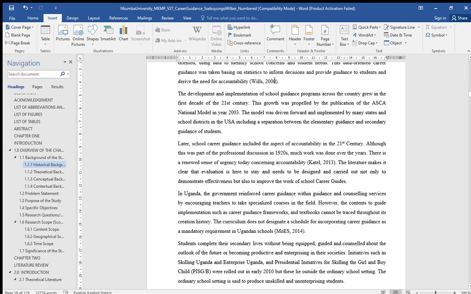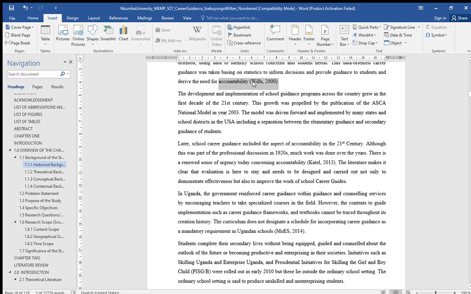What you cite in text is written within the text as you are composing the body of your research. That is called in-text citation.